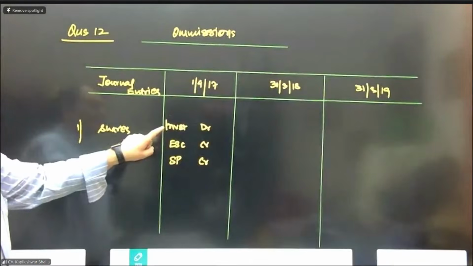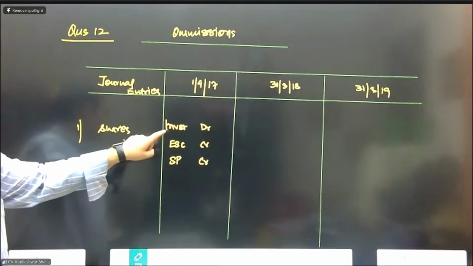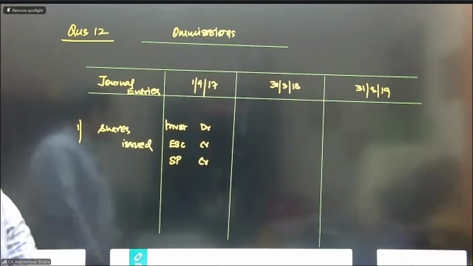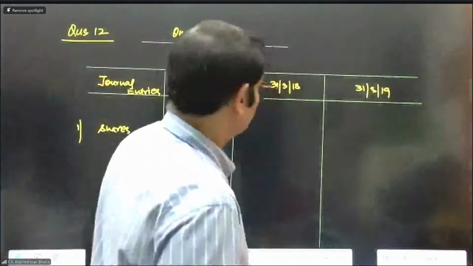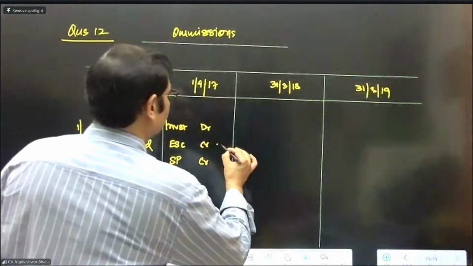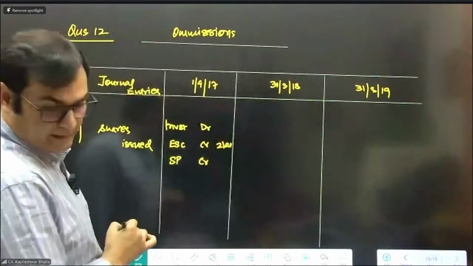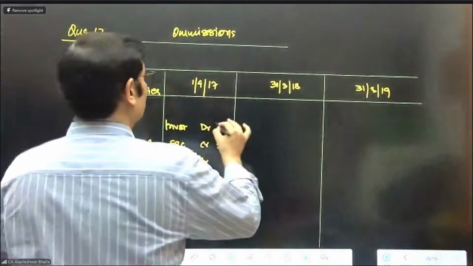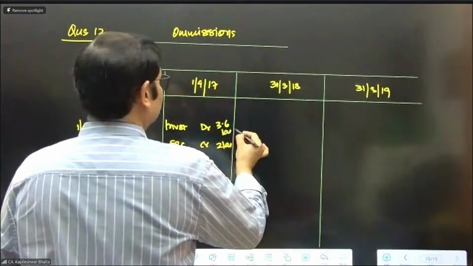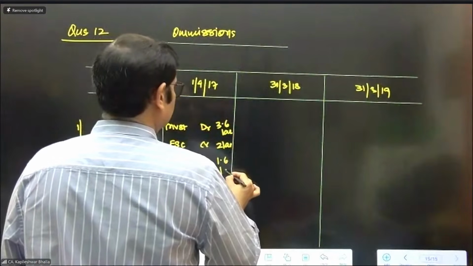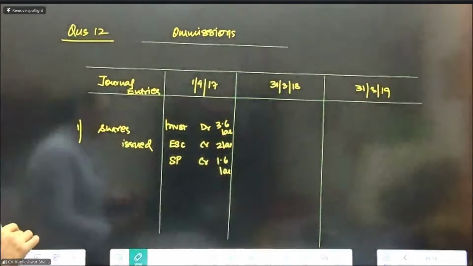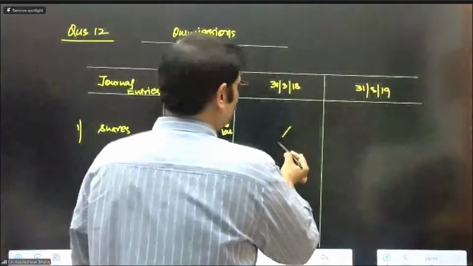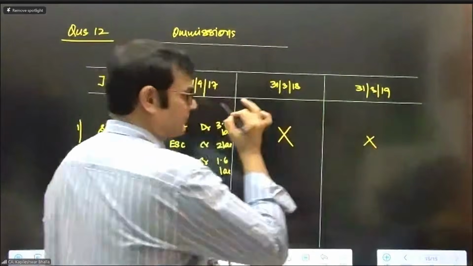You would have debited the investment, credited face value to the shares, and the rest is premium. So this is 2 lakh shares of 1 each, and the issue price is 1.8. So this is 3.6 lakh, 2 lakhs into 1.8, and the difference becomes the premium. Because of this entry, no impacts in the next 2 years.